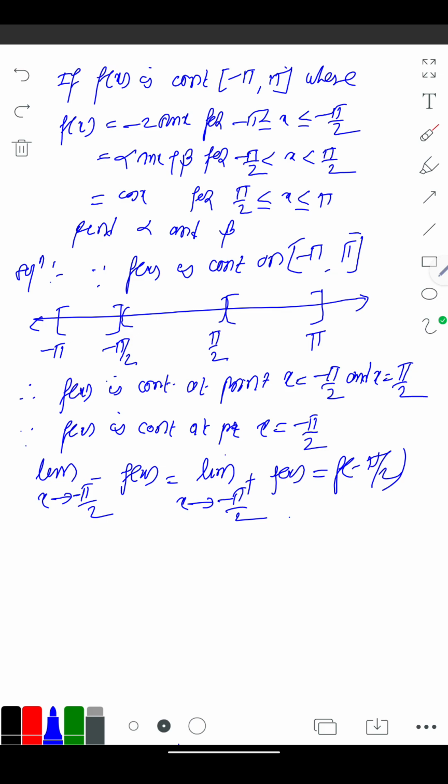This is the definition of continuity at the point x = -π/2. Then we evaluate the left hand limit.